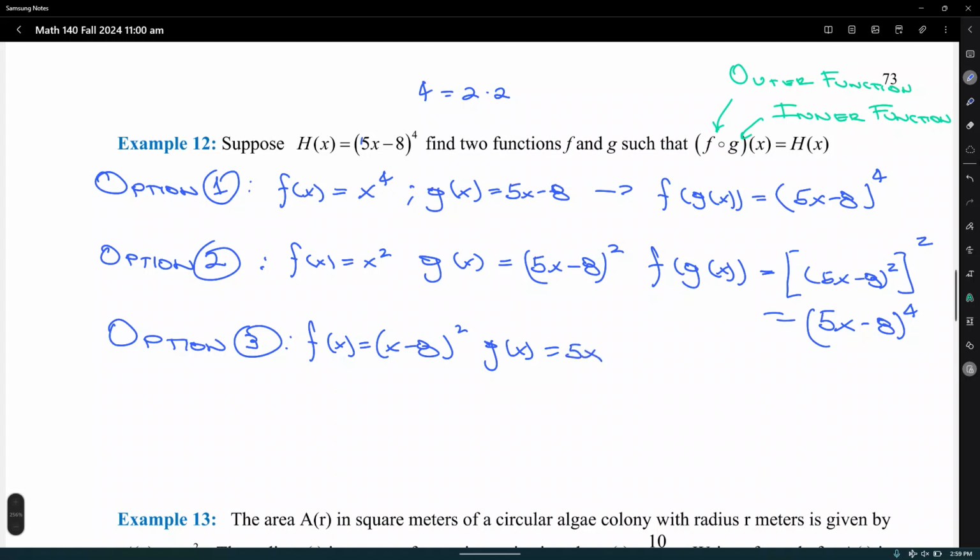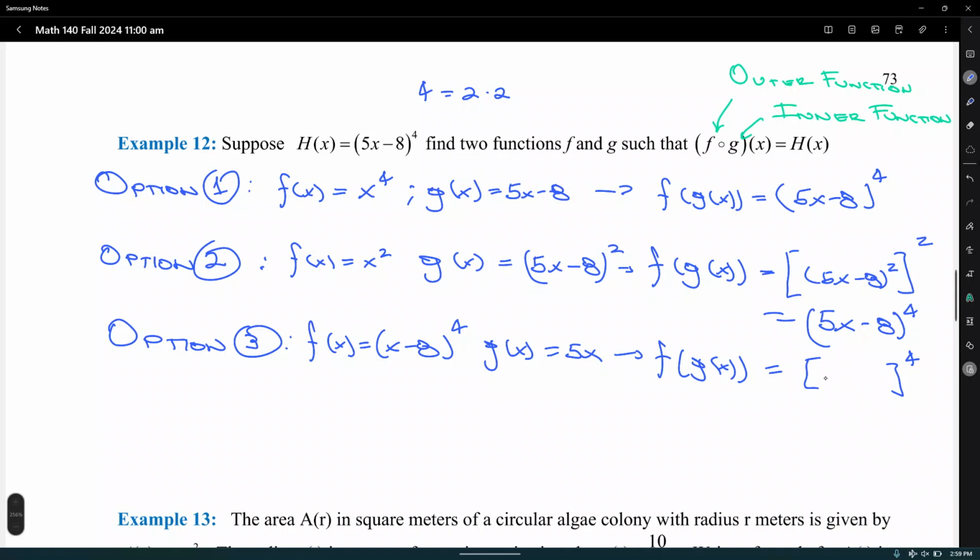All I'm doing is replacing this 5x in the original function with simply an x, and later by composition replacing it with 5x. If we do the composition, f evaluated at g of x equals quantity to the, well, actually it should be to the fourth power, this one.